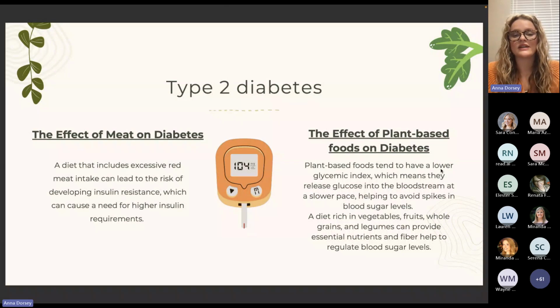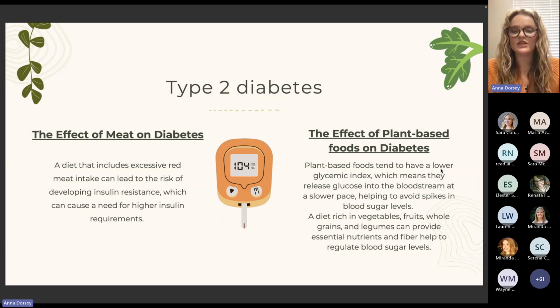Next, we want to talk about how the flexitarian diet helps in the treatment or prevention of type 2 diabetes. So again, a high intake of plant-based foods has a really low glycemic index. And so what that means is they release glucose slowly into the bloodstream, and that prevents a spike of your blood sugar and then a crash that could potentially happen.